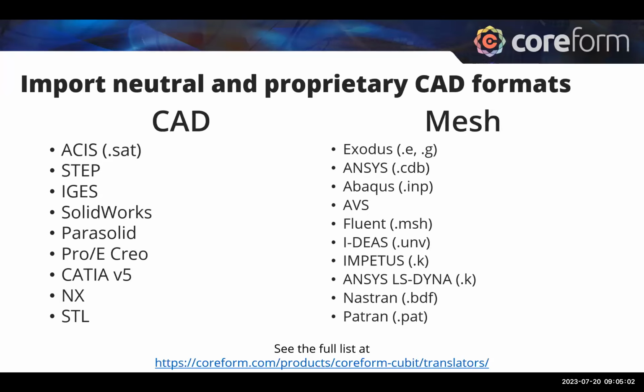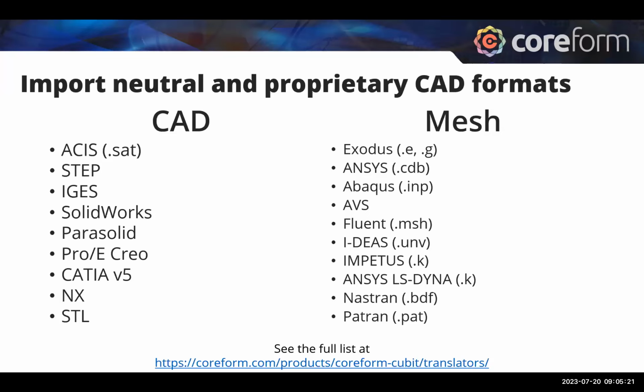So Coreform Cubit supports importing a variety of neutral as well as proprietary CAD formats, as well as mesh formats. Mesh formats don't tend to be proprietary, but sometimes they're not as open with the definition of them. Oftentimes, the definition is in a solver's manual.